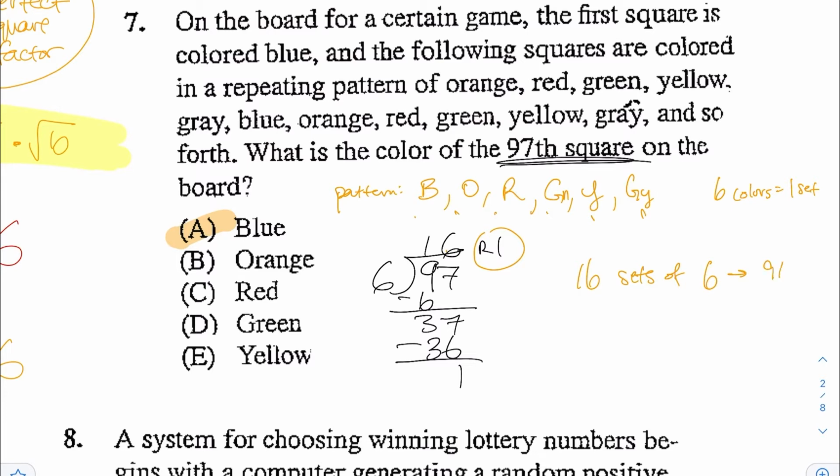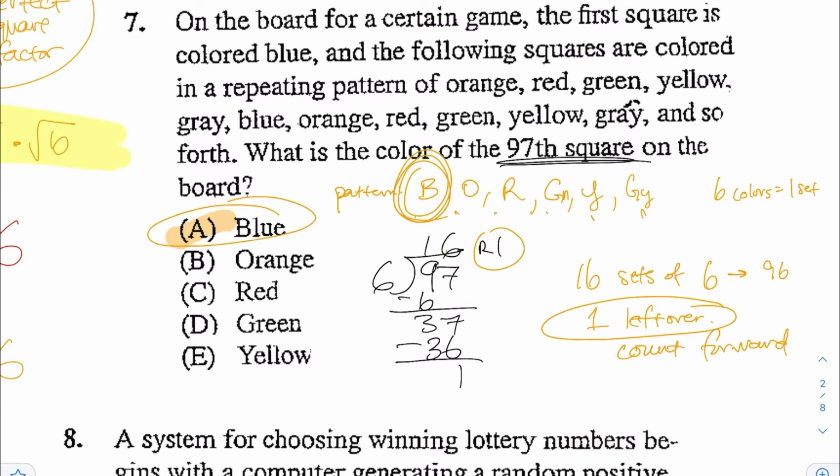So that's equal to 96 colors. But you have 1 left over. That means that after you go through the 16 sets, it's going to be gray as the last one. And because you have 1 left over, you have to count the first one in the set. So when you count forward, you just count the first color in the set. That's going to be blue, choice A.